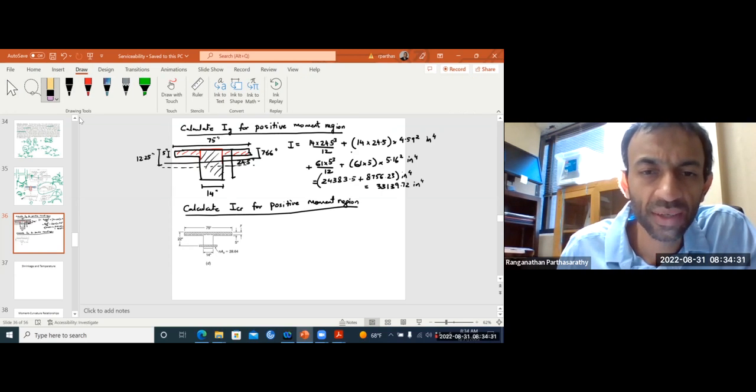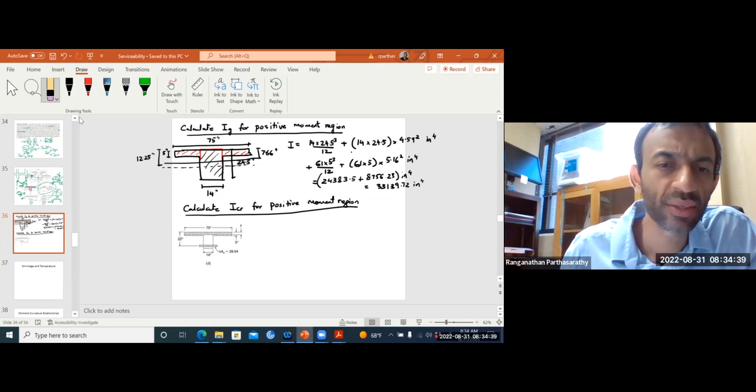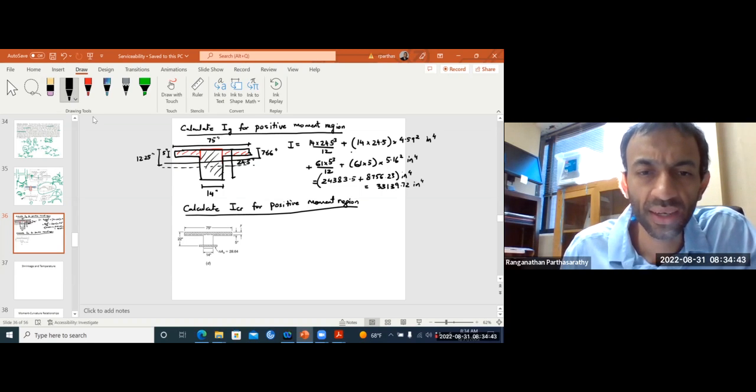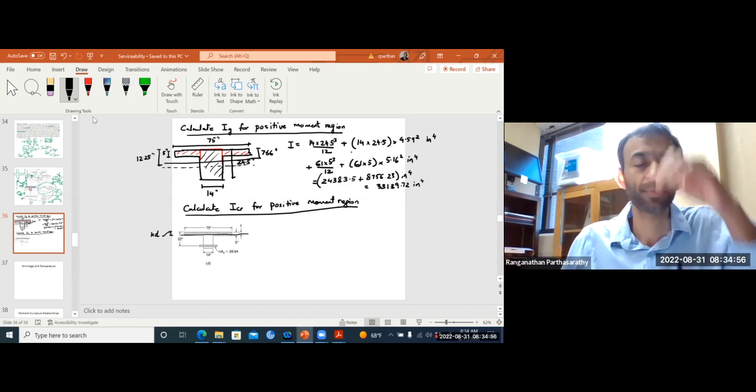We have assumed that the centroidal axis is within the flange, and I think that is turning out to be right. Anyway, let's calculate. We don't know where it is beforehand. Let's assume first inside the flange. So that is your KD.